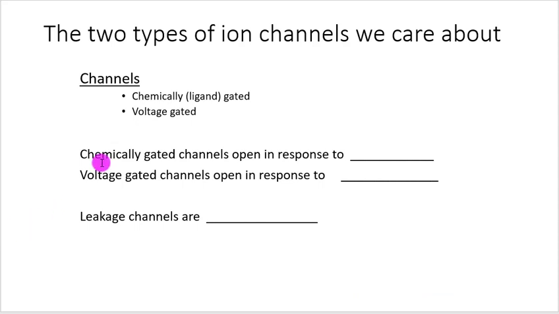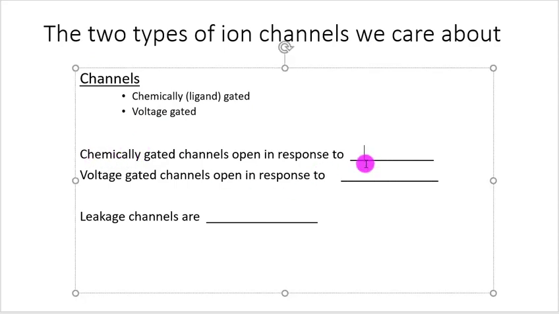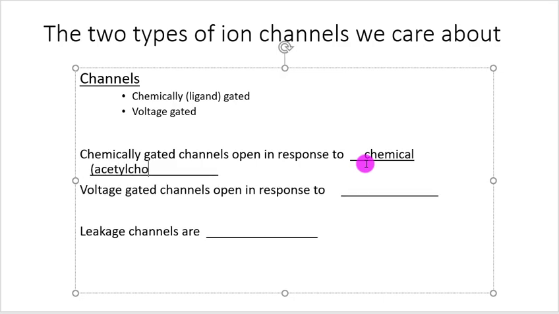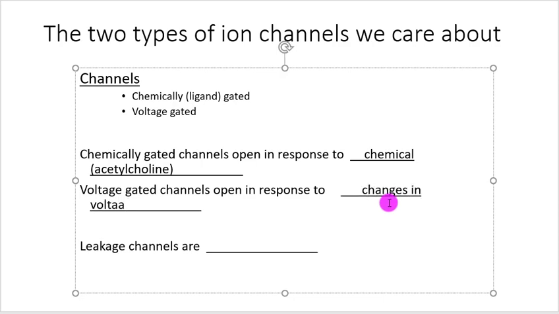All right, so now let's look at this. The two types of ion channels we care about are chemically gated and voltage gated. Chemically gated channels open in response to chemicals, and specifically we care about acetylcholine for our purposes. Voltage gated channels open in response to changes in voltage, and what we really care about here is when I go from negative 70 millivolts to negative 55 millivolts.